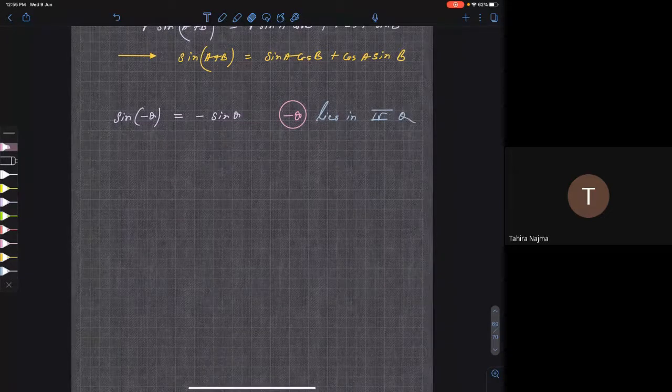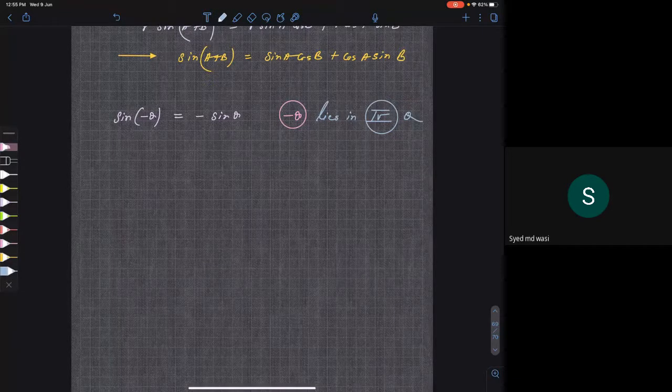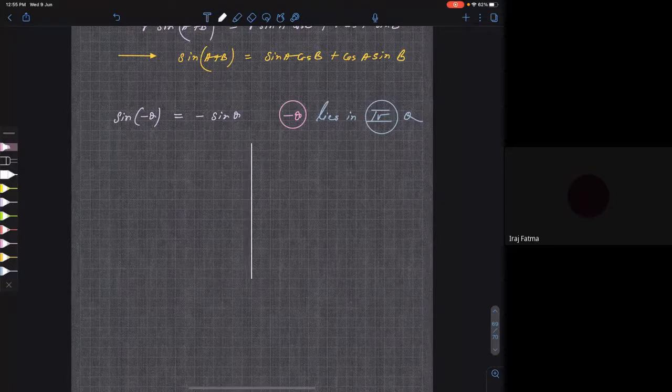Remember, minus theta always lies in the fourth quadrant. How? Theta lies in which quadrant? First quadrant, right?